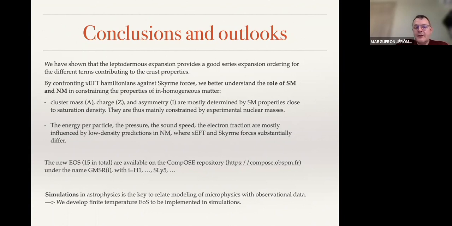In our case, we haven't investigated the role of the different orders in chiral EFT on the prediction for the crust, since we have targeted only the latest chiral EFT models at N2LO or N3LO, depending on whether we speak about NN or three-body forces.